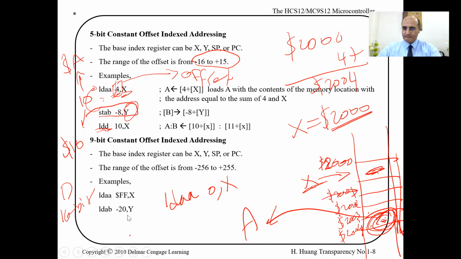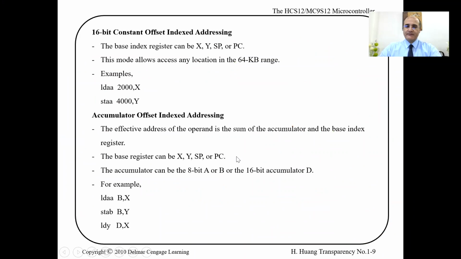And you can use any of these index registers: X, Y, stack pointer, program counter. And with a 16-bit address offset, you can also provide a 16-bit offset. And I assume here, by mistake, the $ sign is dropped. Well, 2000 still fits within the 16-bit 64K, even if it's not hex.